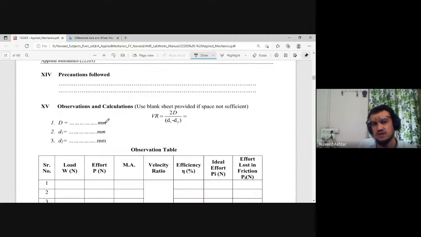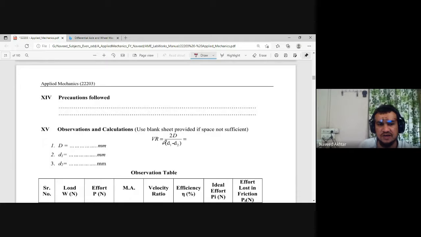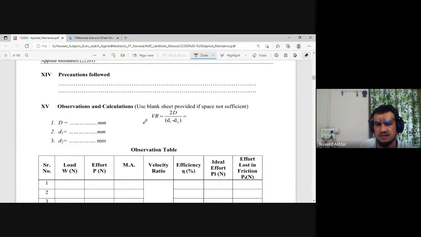Also, the velocity ratio you have to calculate by observation calculation. The diameter of the wheel, if it is 28, and the diameter of D1 is 13.5.